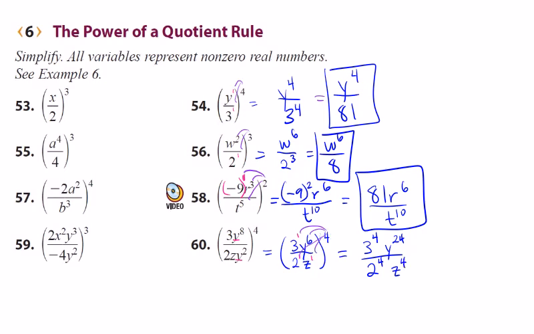So those are all our new exponents. And we can do some more simplifying with 3 to the 4th over 2 to the 4th. We can expand and evaluate those. So 3 to the 4th is 81. y to the 24th can't be simplified. 2 to the 4th is 16. z to the 4th can't be simplified. And so that's our final answer, right? Check to reduce. 81 over 16 can't be reduced. So that's as far as we can go.